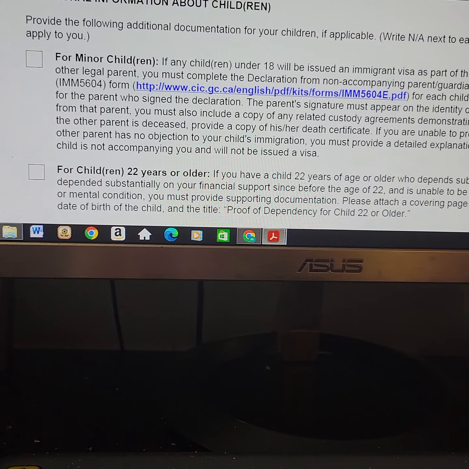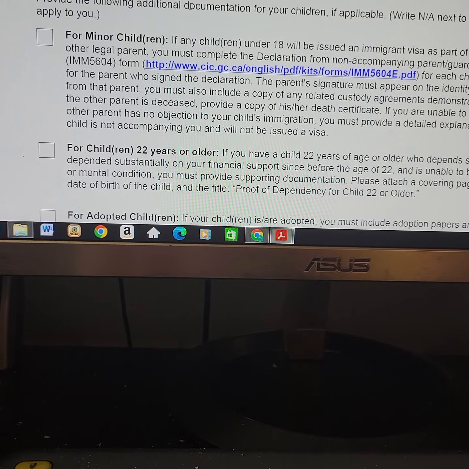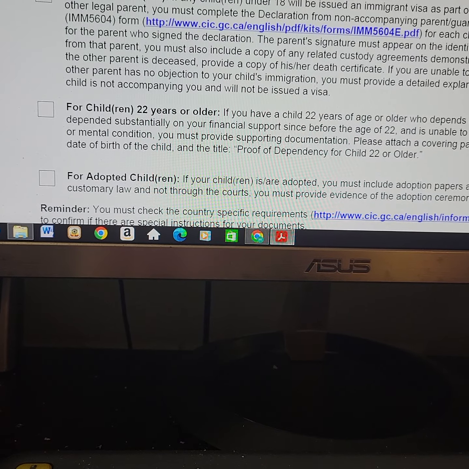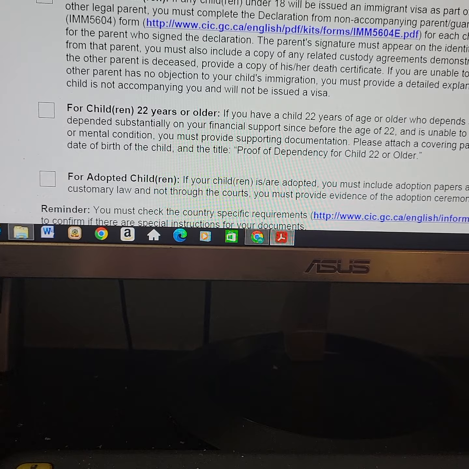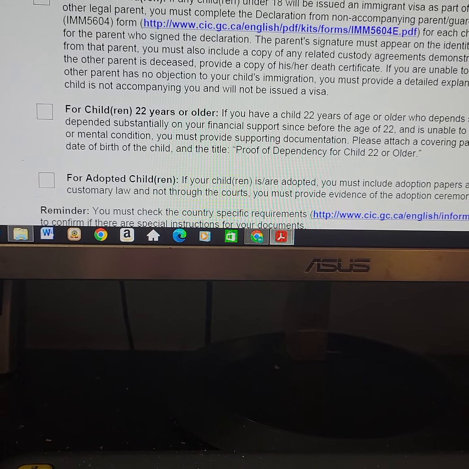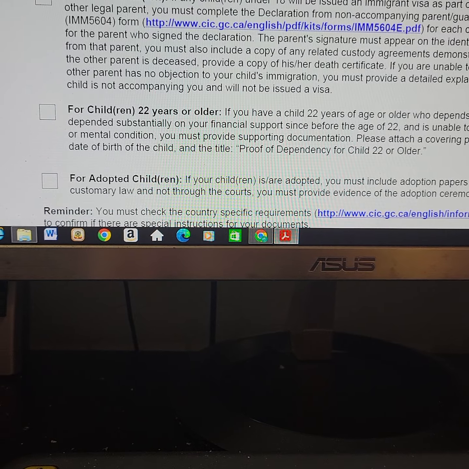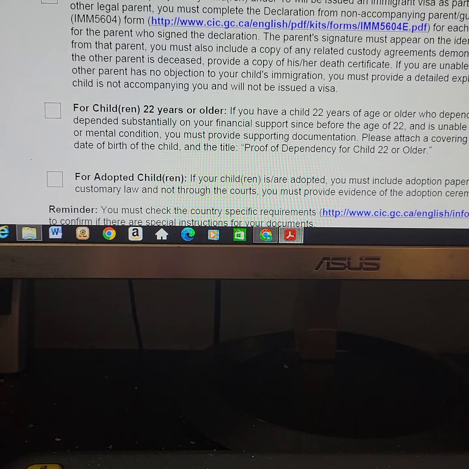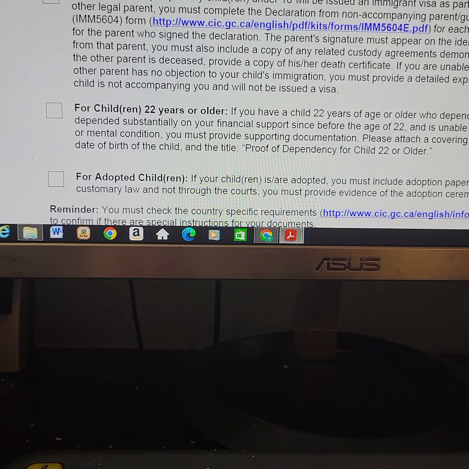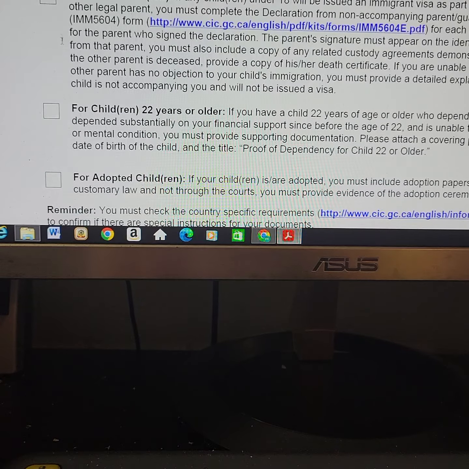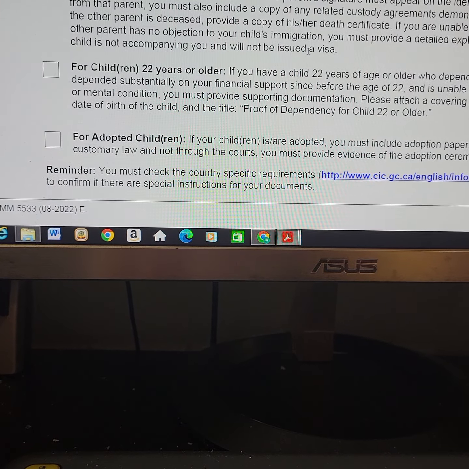Here we go. Additional information about children. Like I'm saying, if you have family members, which means dependent children, read this part carefully and submit all the needed information. If you do not have any children from a previous marriage, and again, I'm talking to Moroccan citizens, principal applicant, you write NA here and NA under each box.